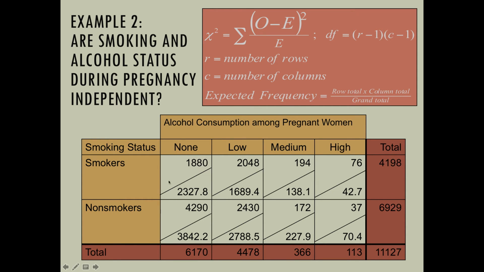So if we're calculating this first, smoking and not consuming alcohol during pregnancy, we would multiply 4198 by the column total, 6170, and then we divide that number by 11,127. When you do that, you get this value.